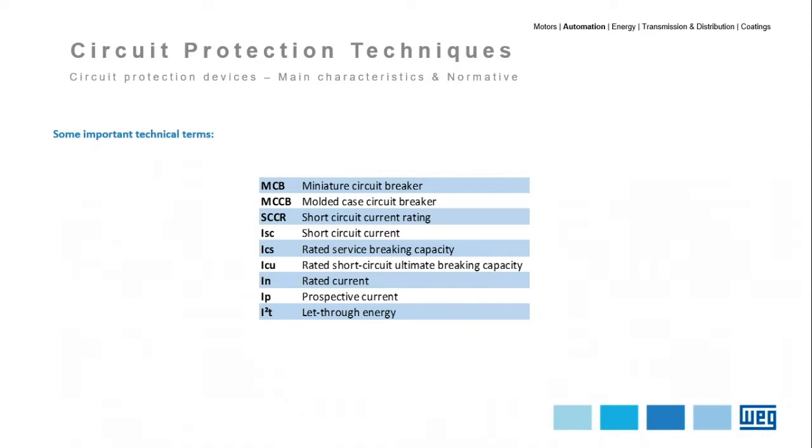MCB stands for Miniature Circuit Breaker, MCCB as Molded Case Circuit Breaker, SCCR, Short Circuit Current Rating, ISC as the Short Circuit Current, ICS, Rated Service Breaking Capacity, ICU as the Rated Short Circuit Ultimate Breaking Capacity, IN as the Rated Current, IP, Prospective Current, and I2T stands for Electrical Energy.